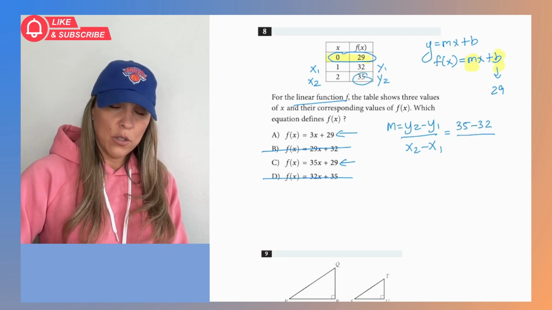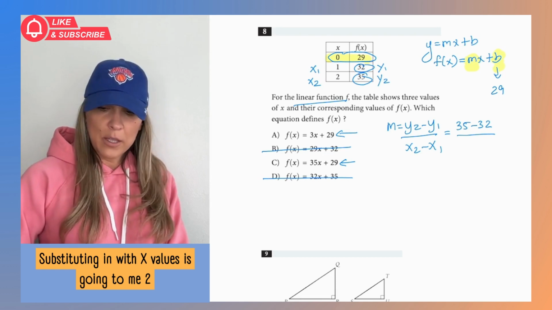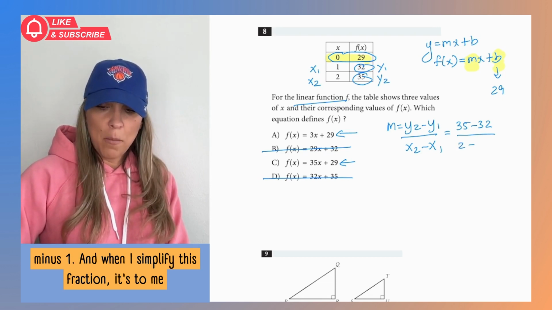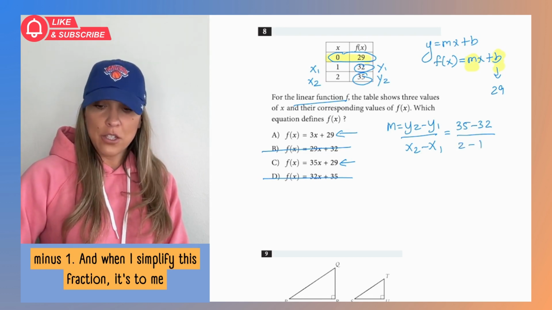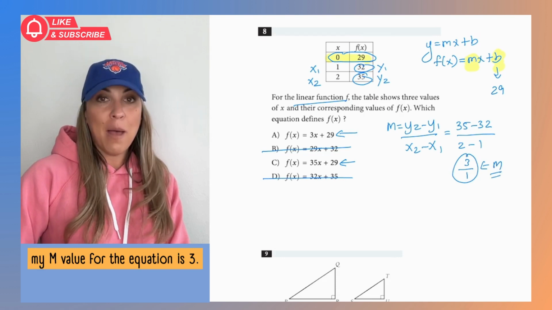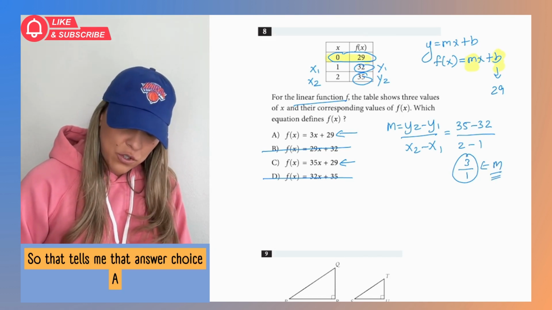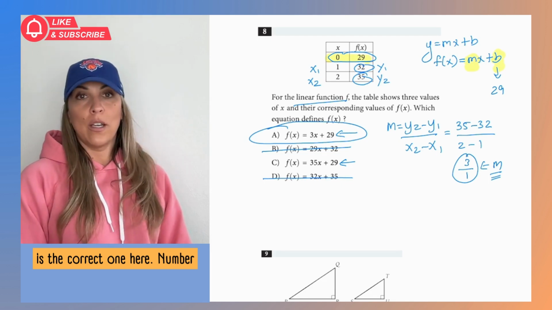I took my y2, 35, minus my y1, which was 32. Substituting in with the x values is going to give me 2 minus 1. And when I simplify this fraction, it's going to give me 3 over 1. So my slope, or my m value for the equation, is 3. That tells me that answer choice A is the correct one here.